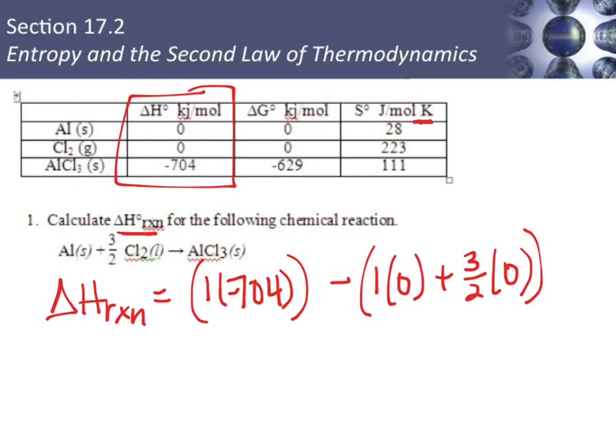Some of you on your test used 1, and that's what skewed your numbers. The heat of formation for any element is 0. So the heat of the reaction is negative 704, and the unit is kilojoules per mole.